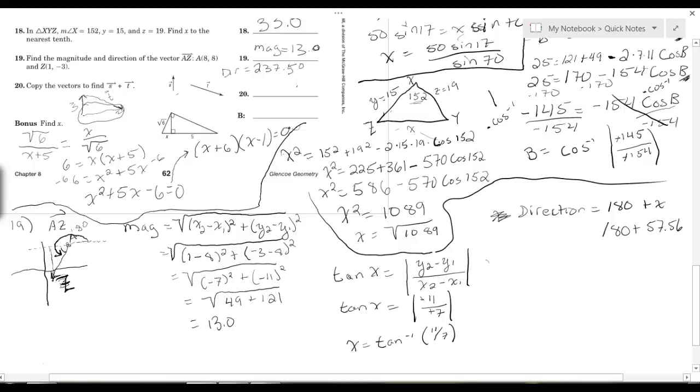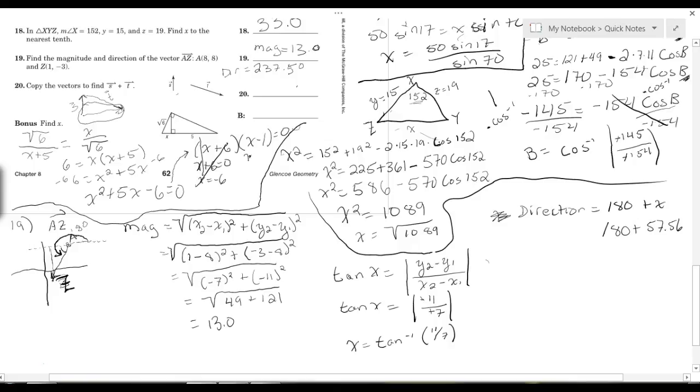Anything times 0 equals 0, so I'm going to find out what x equals when I set each of these two factors equal to 0. So I'm just going to try x plus 6 equals 0, so that would have to be x equals negative 6. Well, I can't have a length of negative 6, so I know x cannot equal negative 6.